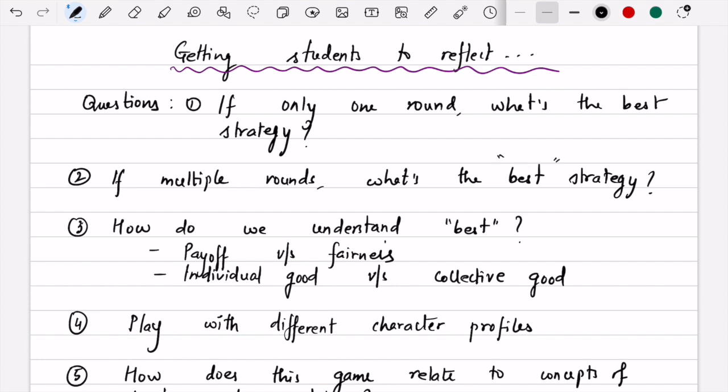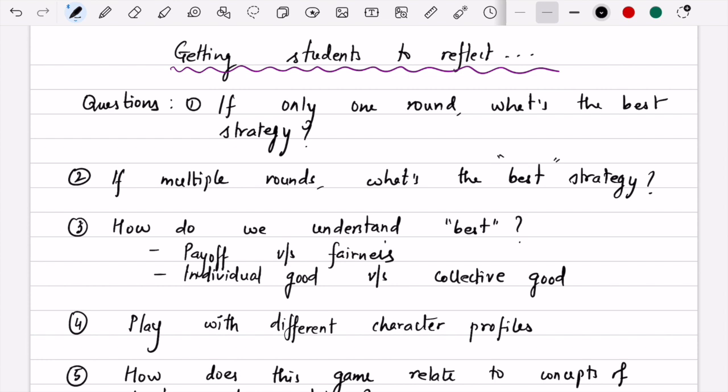How do we even define best? Because we've been talking about just maximizing individual gain. But is that how we should understand best, or we should understand best in terms of fairness? So is the fairest outcome or the fairest move the best, or is the one that results in the maximum individual gain the best?